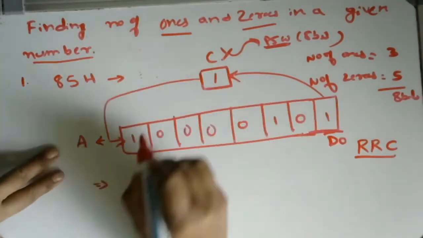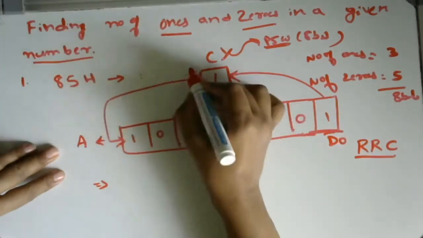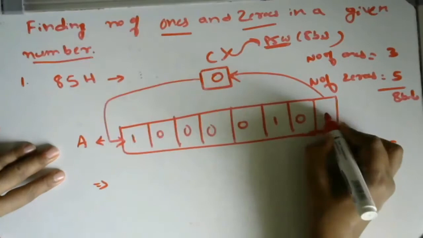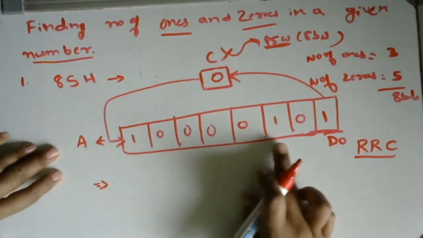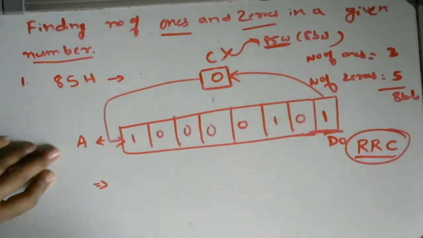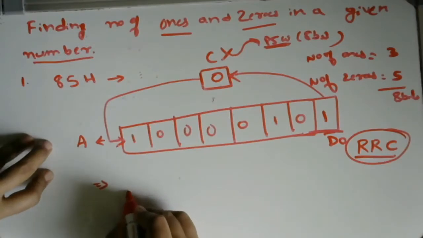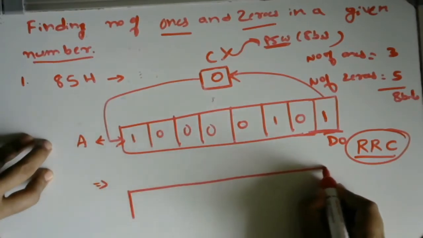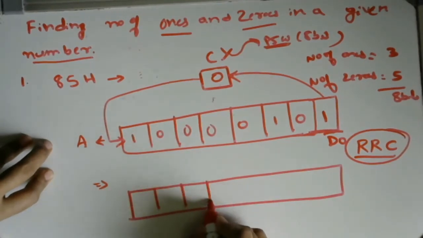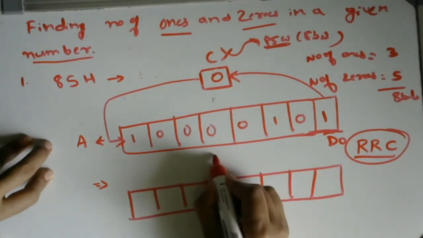This one is shifted here, and we'll assume that by default the carry bit was 0 earlier. This is the status of the accumulator and the carry flag before executing the RRC instruction. Once the RRC instruction is executed, we get the contents of the accumulator like this. This is the carry flag now.